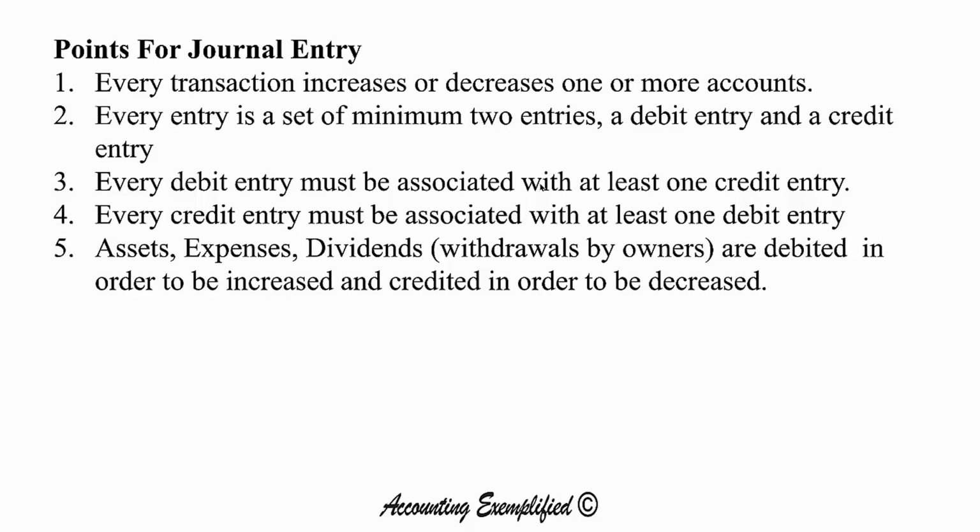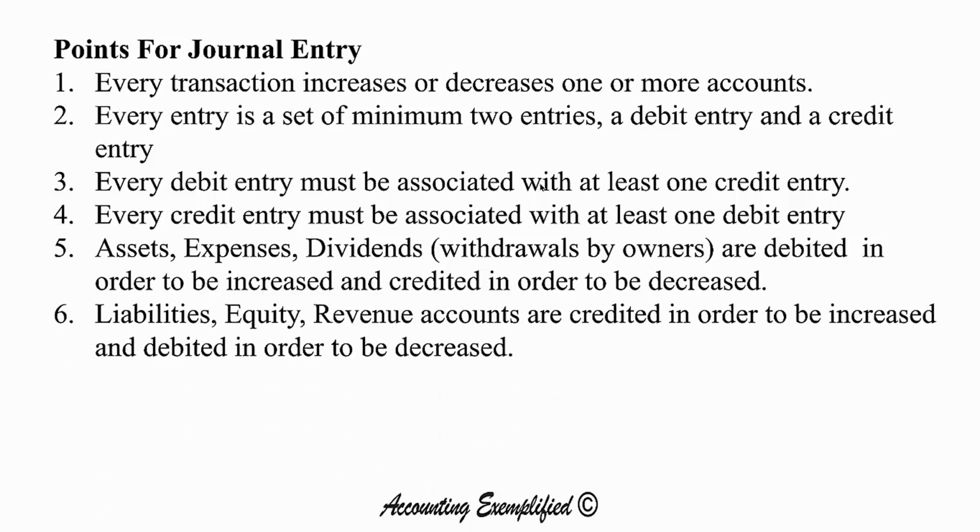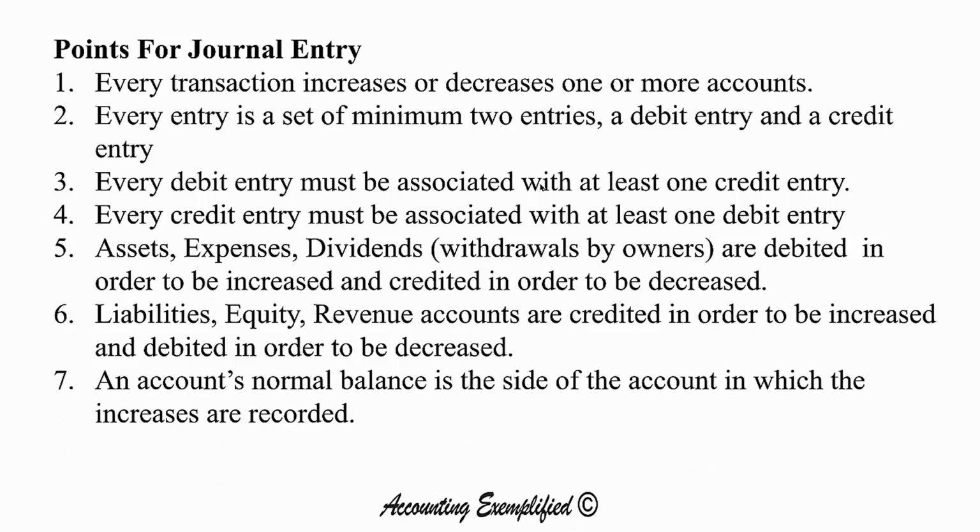If that account decreases, it will be credited. Accounts belonging to liabilities, equity, revenue accounts will be credited when they increase and will be debited when they decrease. An account's normal balance is always on the side of the account that shows the increase.